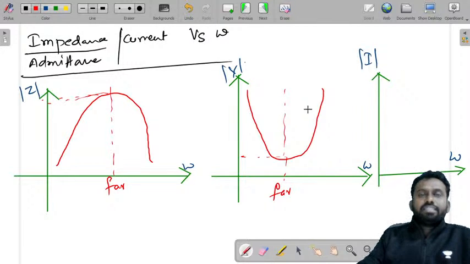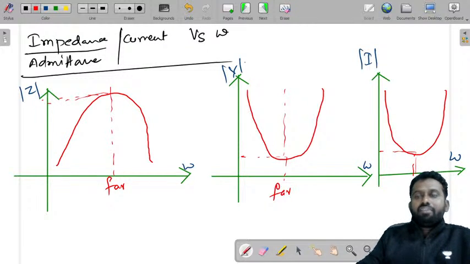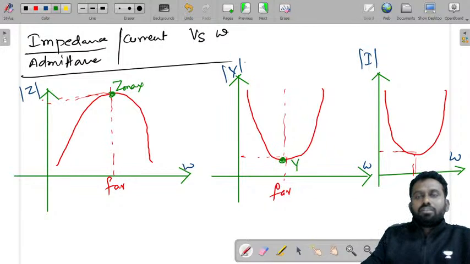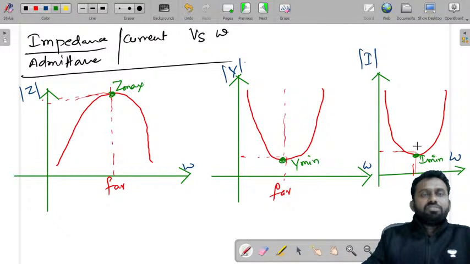Because impedance is maximum at resonance, current will be minimum at resonance. So this part is f_ar. So this is Z max, this is Y minimum, and I minimum. So these are the values of impedance.